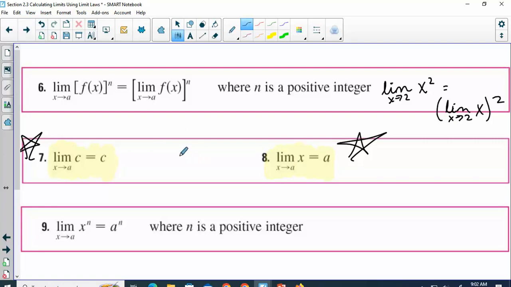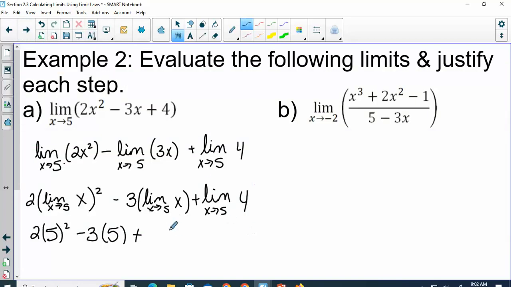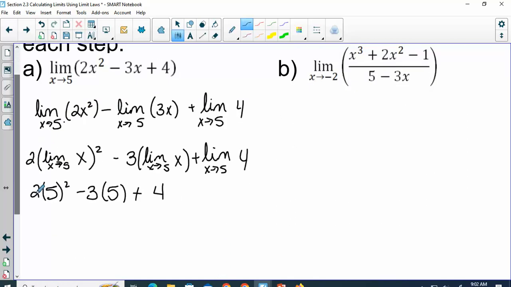Another way to think about that: if my function is just 4, that's a horizontal line at 4. So no matter where you are on that line, isn't your y value always going to 4? Yeah, it's just a flat line. So this limit is just equal to 4. Now we can just evaluate this.